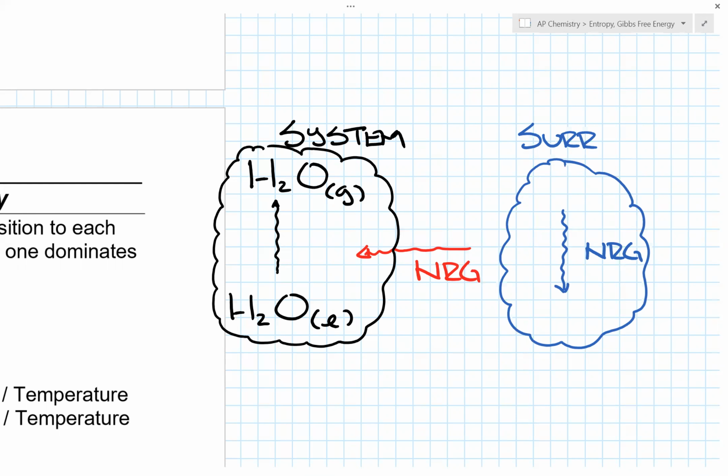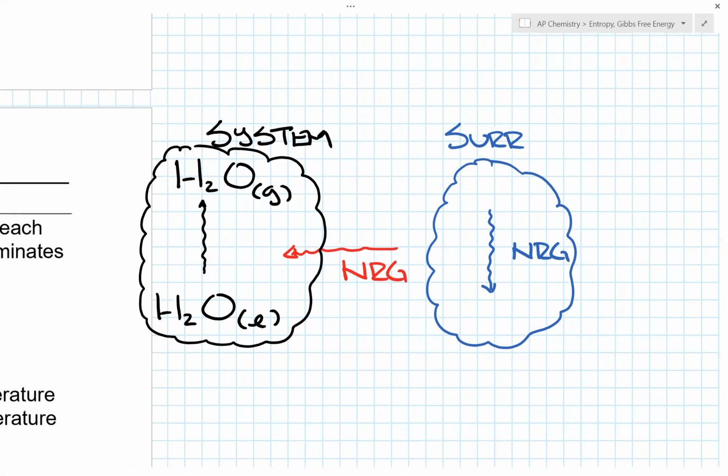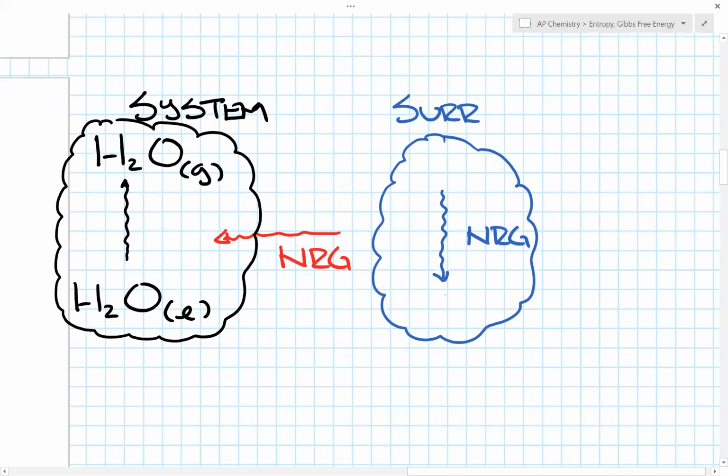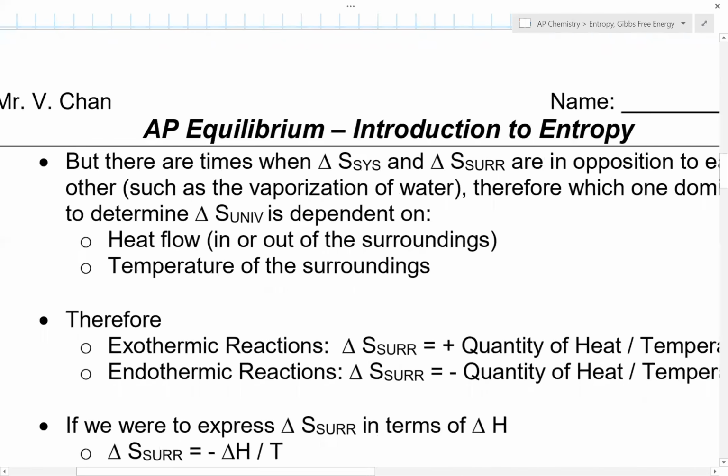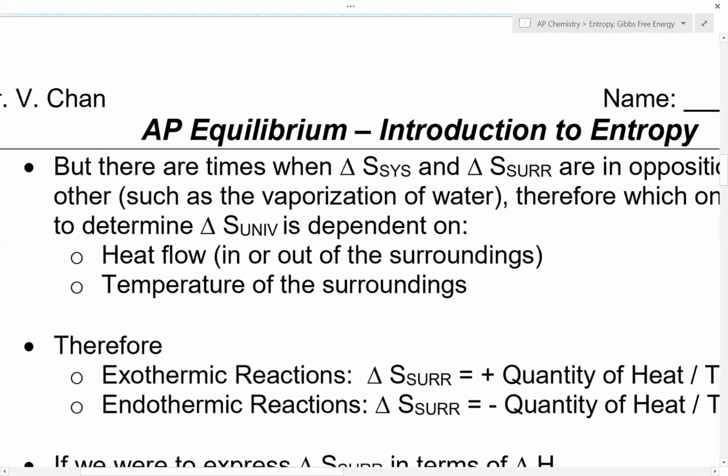It comes from the surroundings, and the surroundings lower the energy, therefore becomes less random. And this is what I mean by they are in opposition of each other. So as one goes up, the other goes down. So depending on which one dominates, you can determine delta S of the universe.